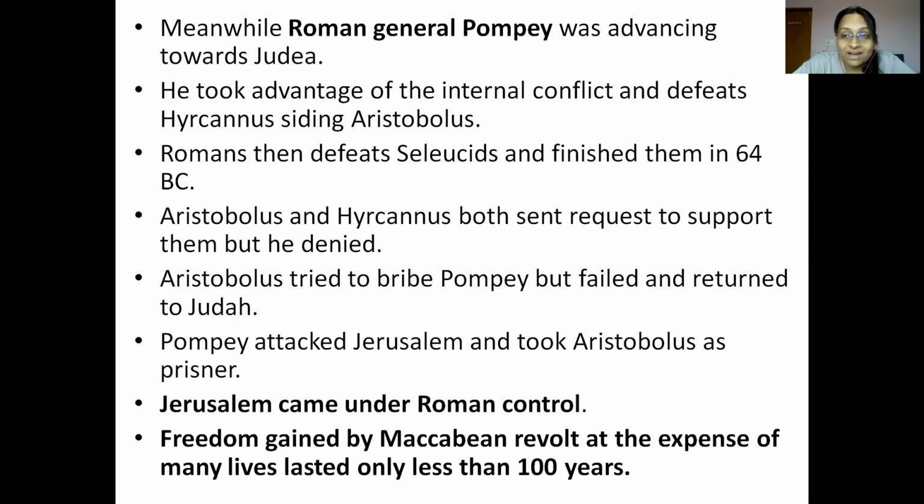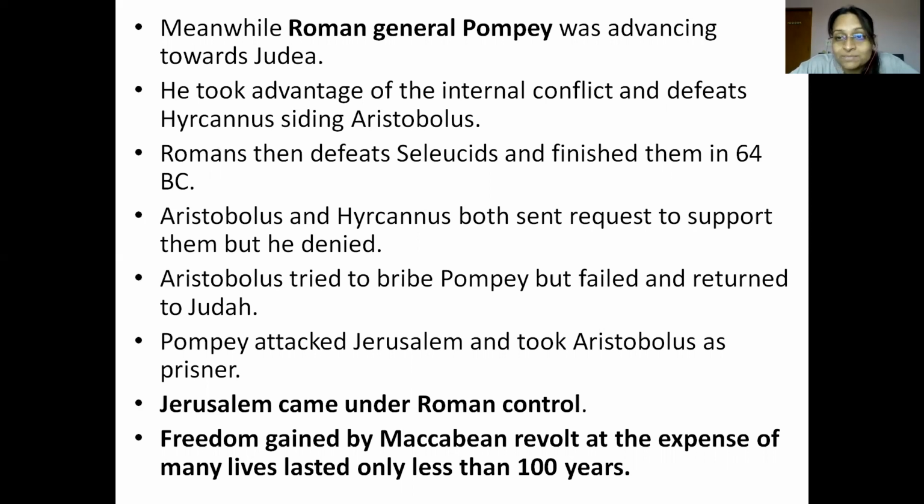Jerusalem came under Roman control with this, because Aristobulus was now under Roman rule, that is Pompey. So it has taken control over Jerusalem. The freedom gained by the Maccabean revolt at the expense of many lives lasted less than 100 years.